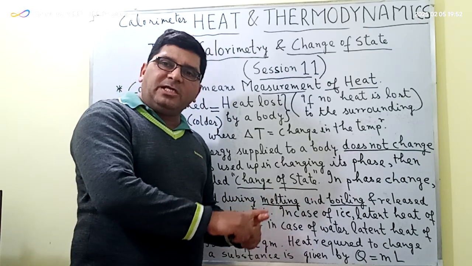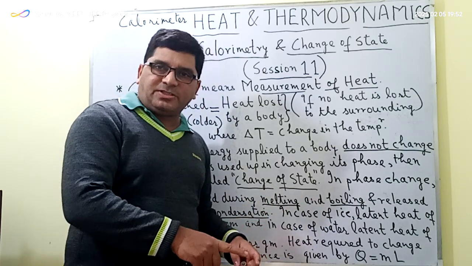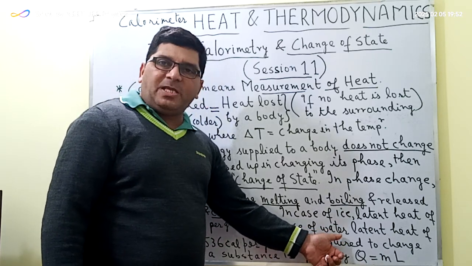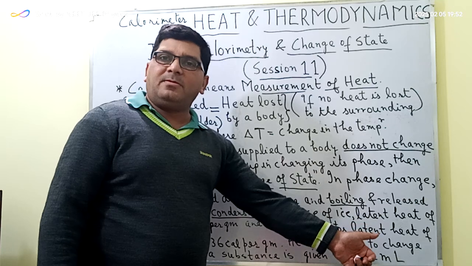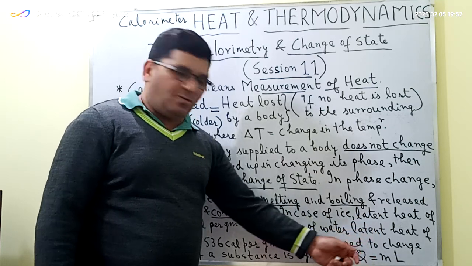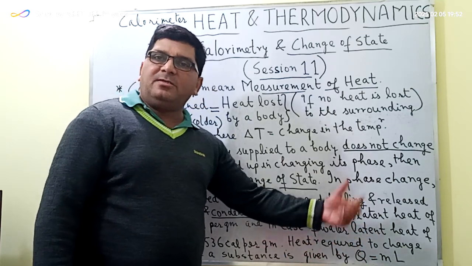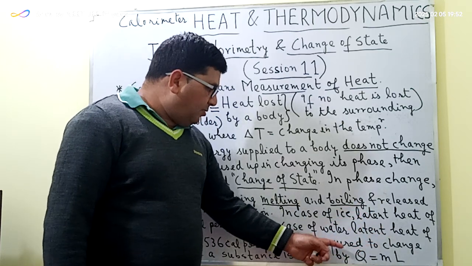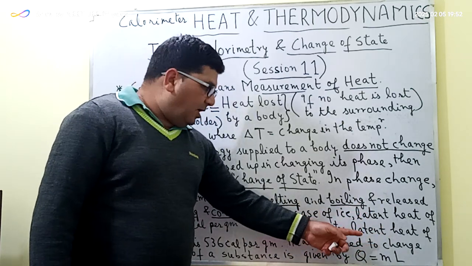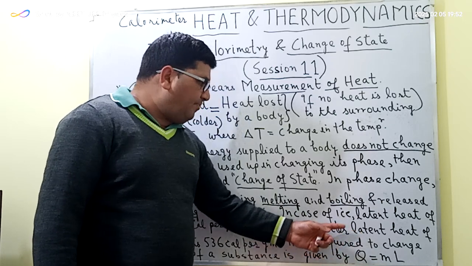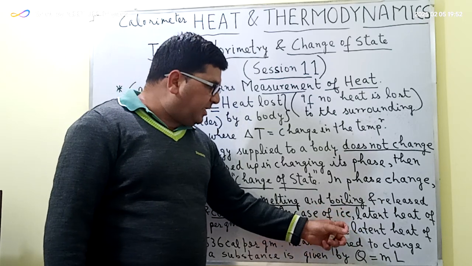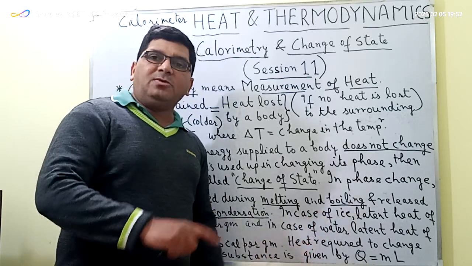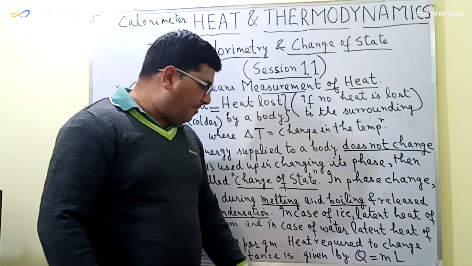The phase change is taking place from liquid to gaseous form. Water is a liquid and steam is a gaseous matter. So in both cases, the latent heat is basically converting the phase of a substance without changing its temperature.